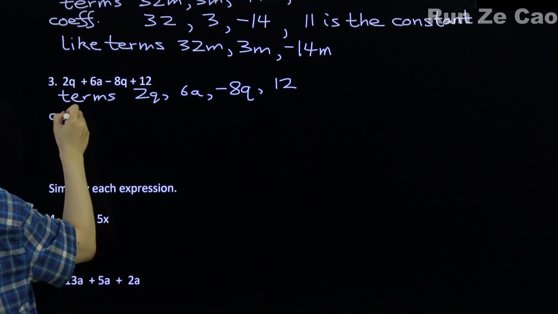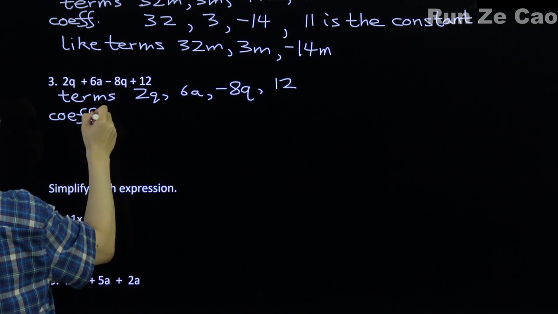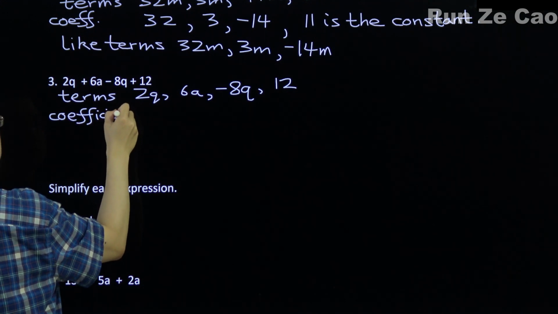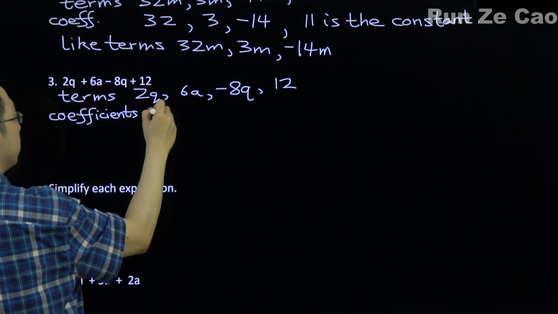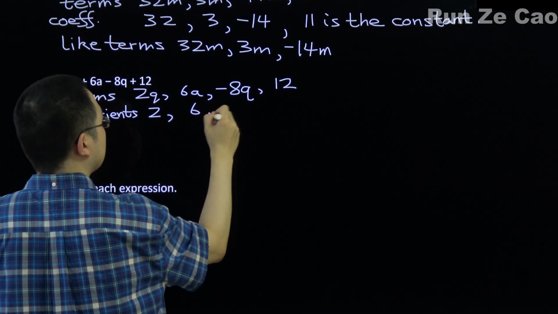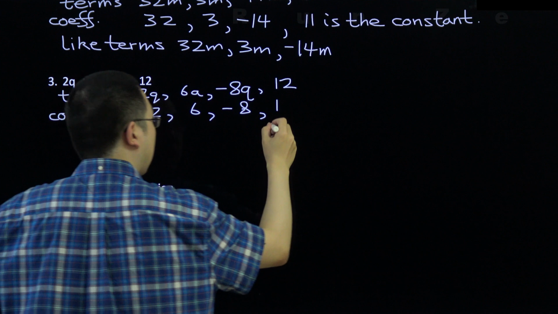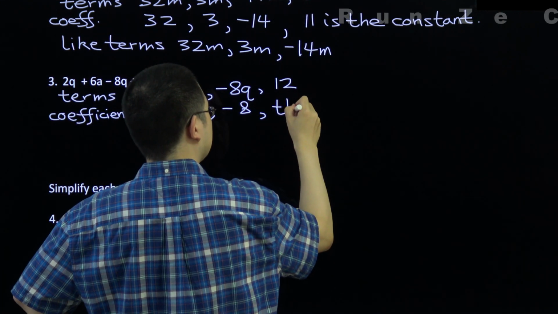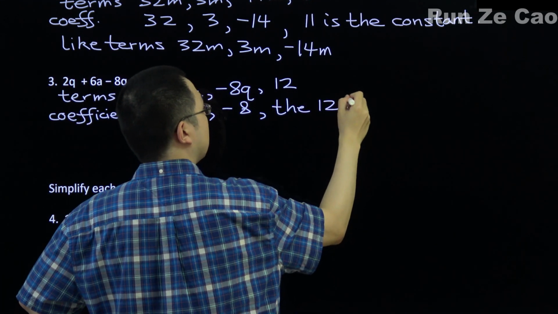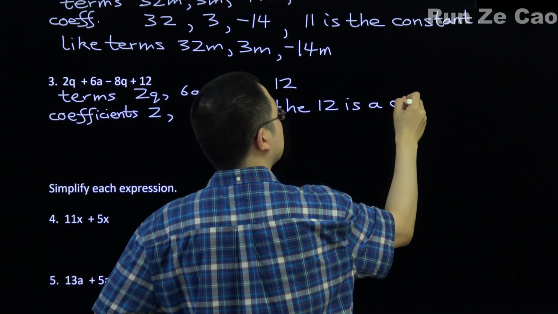The coefficients are 2, 6, negative 8, and the 12 is a constant.